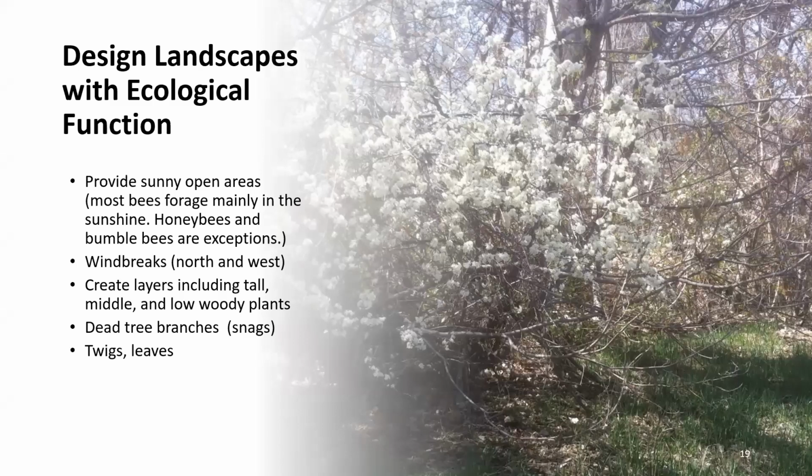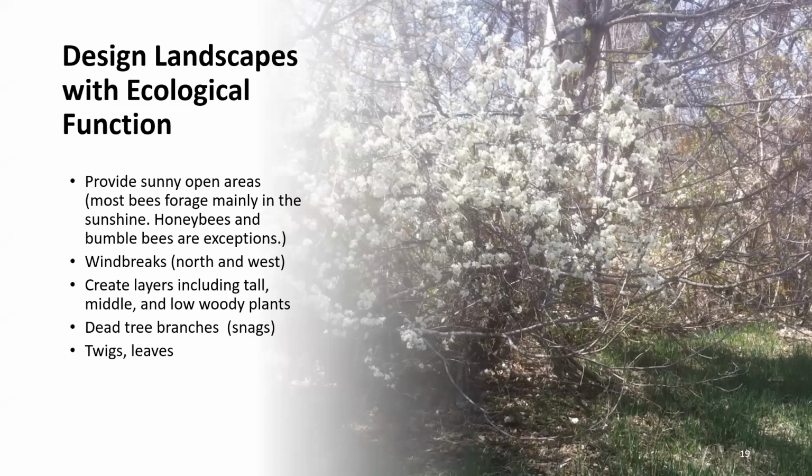Designing a landscape with ecological function. It's interesting that good landscape design really aligns with the notion of ecological function. And here's an example. Provide sunny open areas. Most bees forage mainly in the sunshine, and honeybees and bumblebees are exceptions to that.